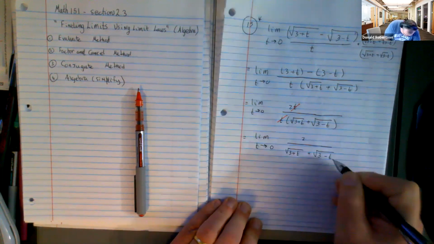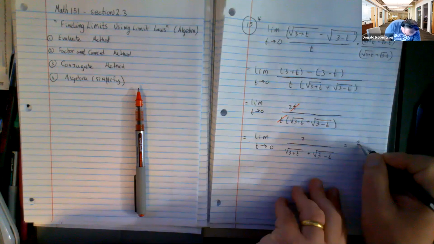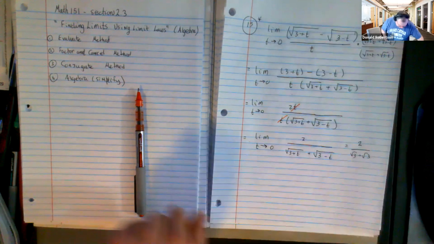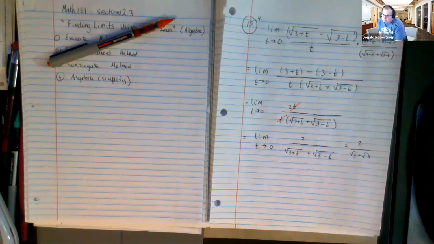Okay, plug in 0, what do I get? I get 2t on the top, and I get the square root of 3 plus square root of 3. Okay, let's be nitpicky here. You know that's not going to be the right answer. Well, let's rephrase that. It is correct numerically, but it's not the right form of the answer. Agreed?